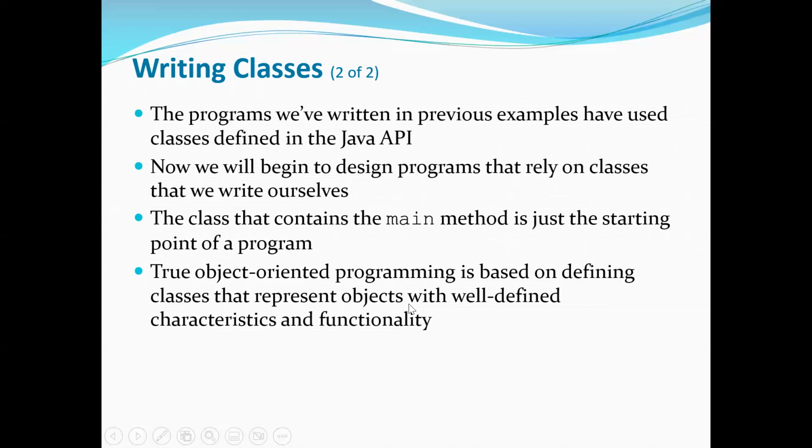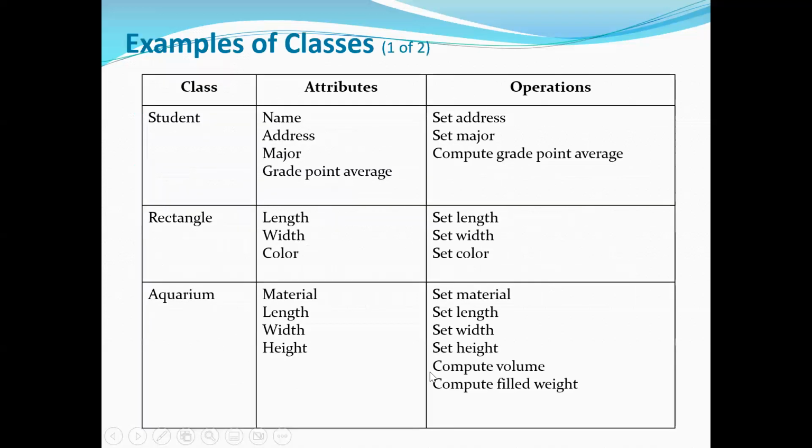True object-oriented programming is based on defining classes that represent objects with well-defined characteristics and functionality. For example, we may have a class named Student. The attributes of a student, which are the same as the characteristics, can be name, address, major, and GPA, or grade point average.